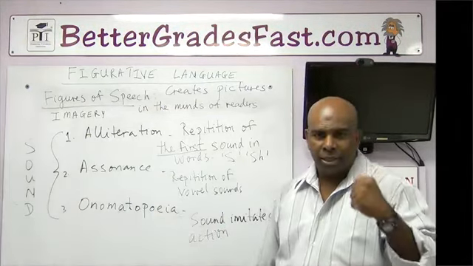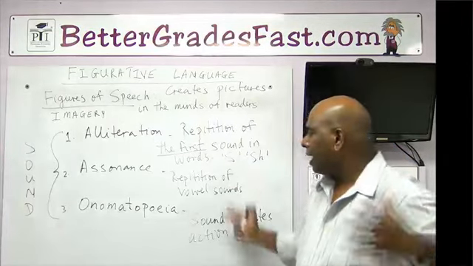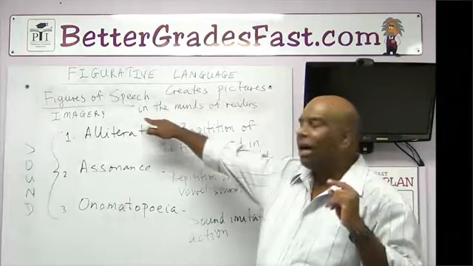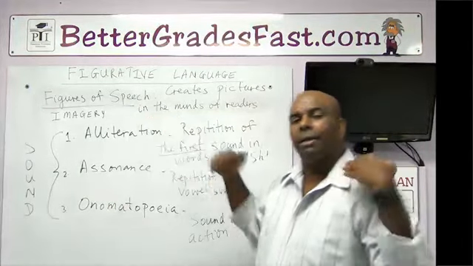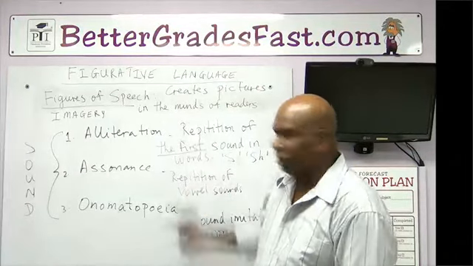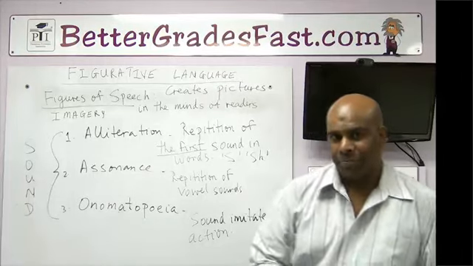The action of that crack and that bang and that pow and that smash is actually in the sound, and you hear that sound and you imagine how something looks. Okay? And they are figures of speech. That's what they do. They make language lifelike.